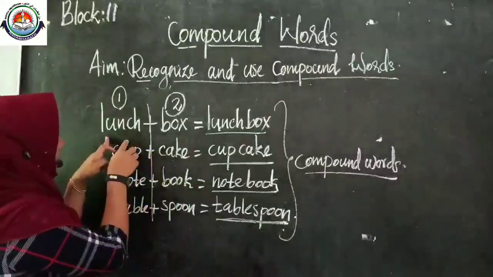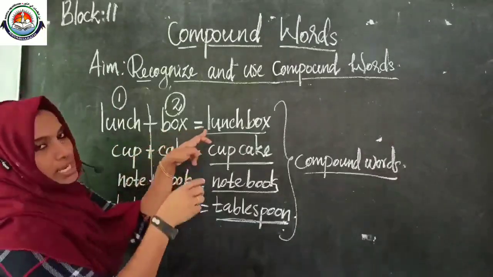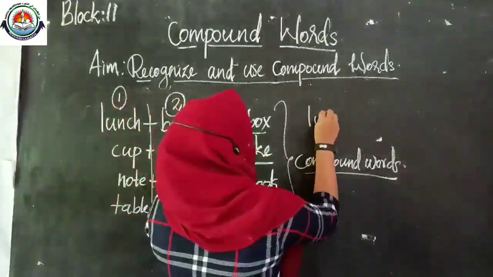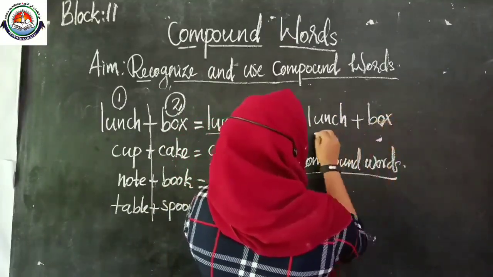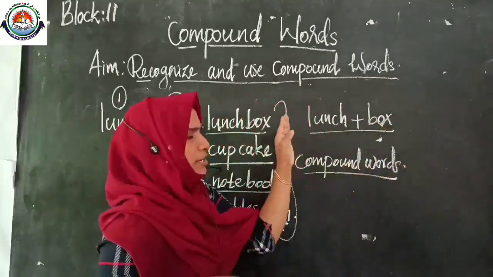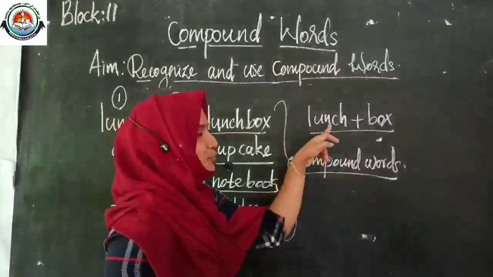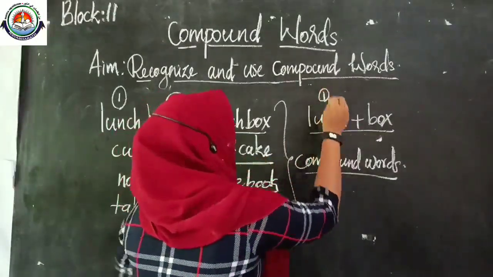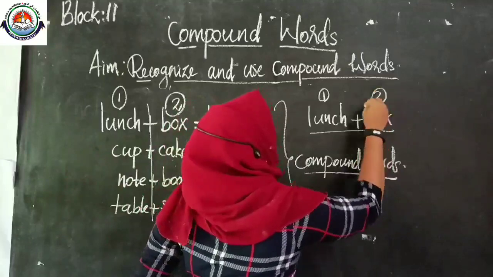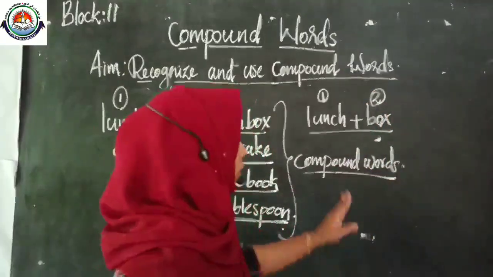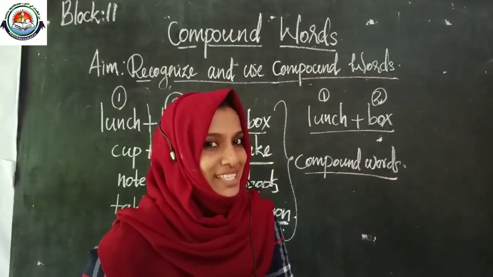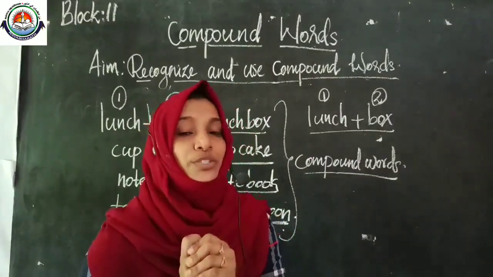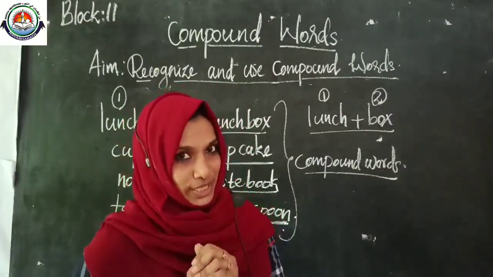Let's take this example: lunch plus box, lunchbox. Here we have divided it into two parts. Number one, lunch, and number two, box. What is the meaning of the word lunch? It is the food which we eat at noon time.